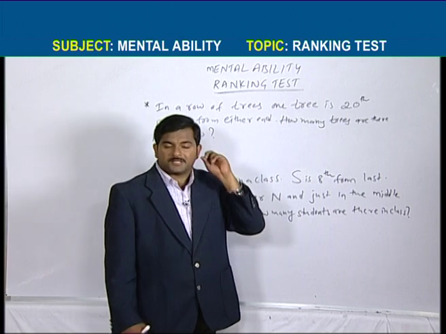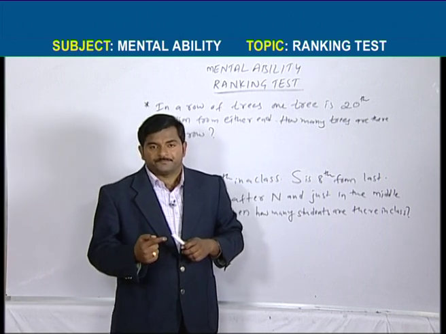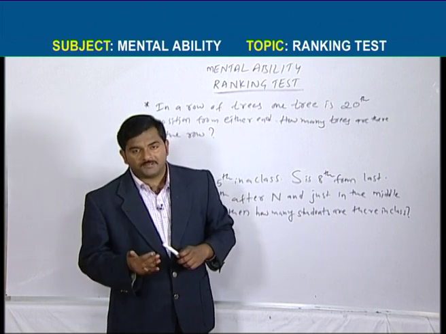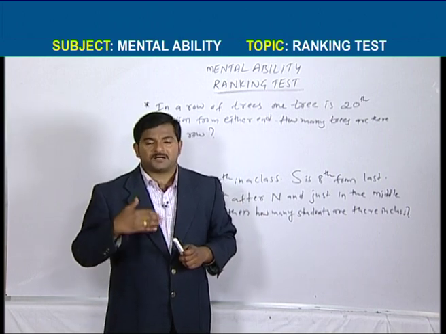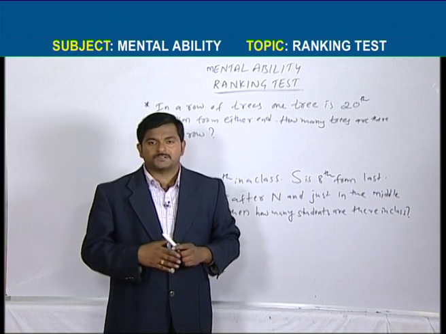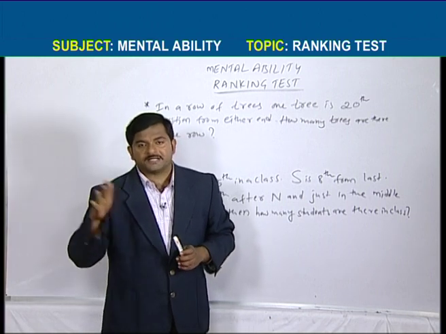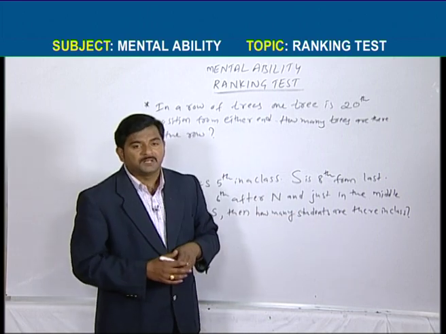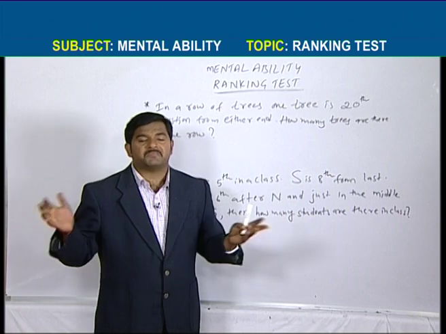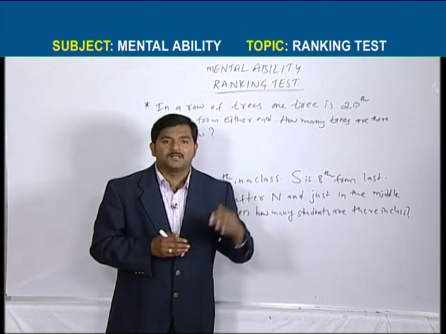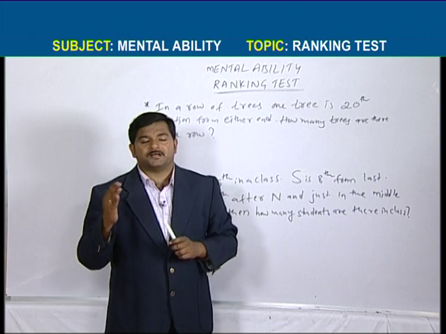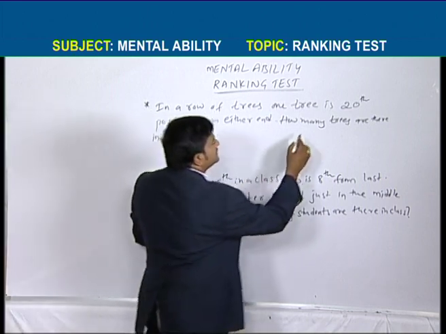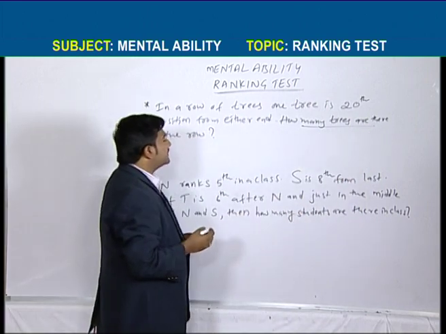In question number 1, one side was given, total given, and he asked to find the other side. In question number 2 also, total and one side were given, and he asked to find the next side. But in the third question, the position of the tree is given from either side, meaning from the left side and the right side. He asked to find how many trees are there in the row.